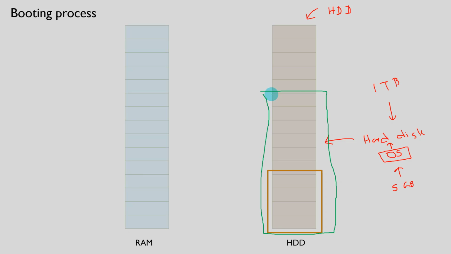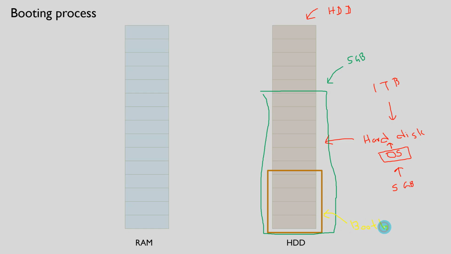So imagine our operating system exists in such a place. My drawing is bad, sorry about that. So let's say this is the 5 GB space of the hard disk, and this is the part where the bootloader exists.